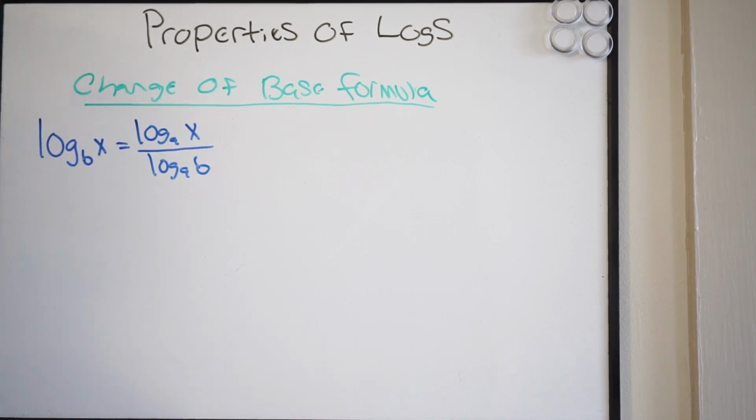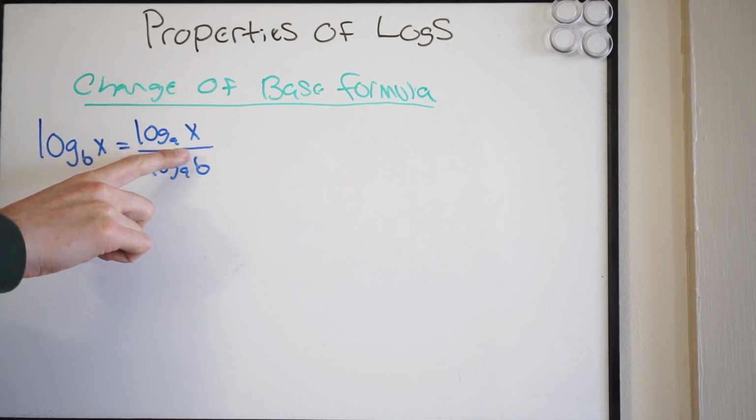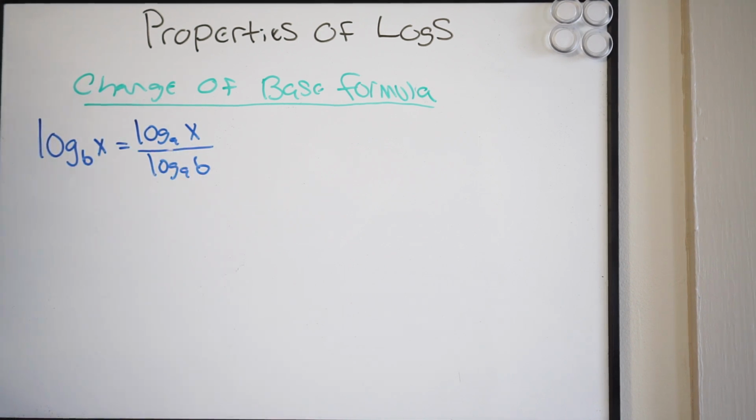And what it's saying is, if you're given a log, you can evaluate it in your calculator, okay, by putting it in like this. So for example, a is going to be a base of 10, so just log as it is in your calculator, and whatever x is and whatever b is. Okay, so let's go ahead and look at the first example, so this will make more sense.